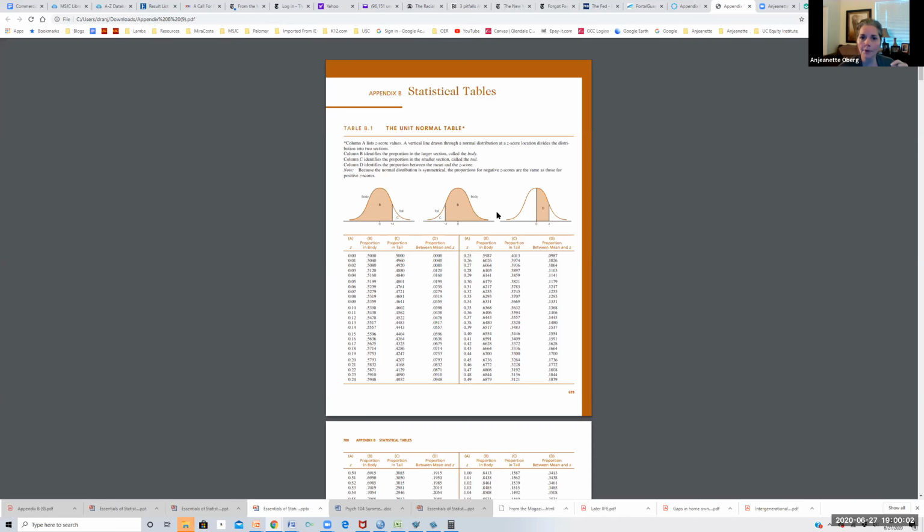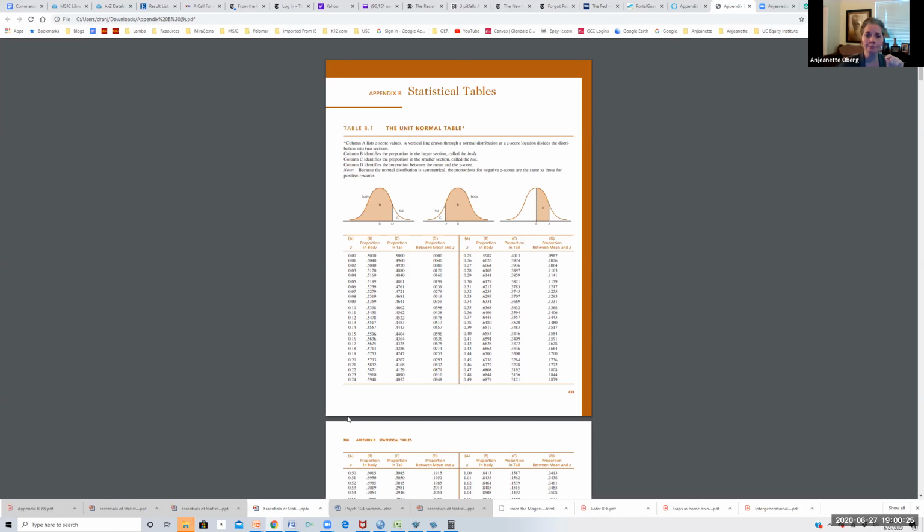Our unit normal table looks at the normal distribution like a piece of pie, and it tells us what percentage of the total population is accounted for in the piece of pie that corresponds to that z-score. There are 4 columns. A represents the z-score itself.